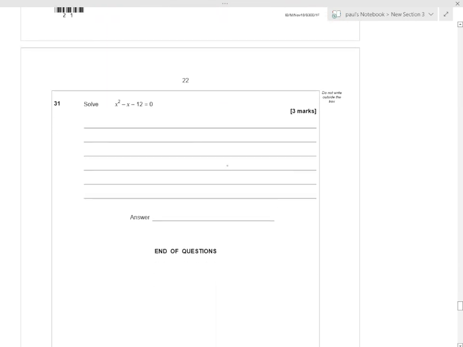And there's more. What's this? Solve for x. Now this is a quadratic equation. It's a quadratic equation because there is a square in it.